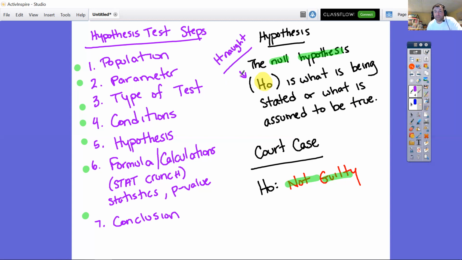If I just walked up to you and I said, 80% of people passed the final. Now, you don't have any evidence or proof or anything, but that's my statement. So we're going to assume that that's true. If you believed me, you would just move on. If you didn't believe me, you might decide to collect evidence and see, is there evidence that goes against what I'm saying?